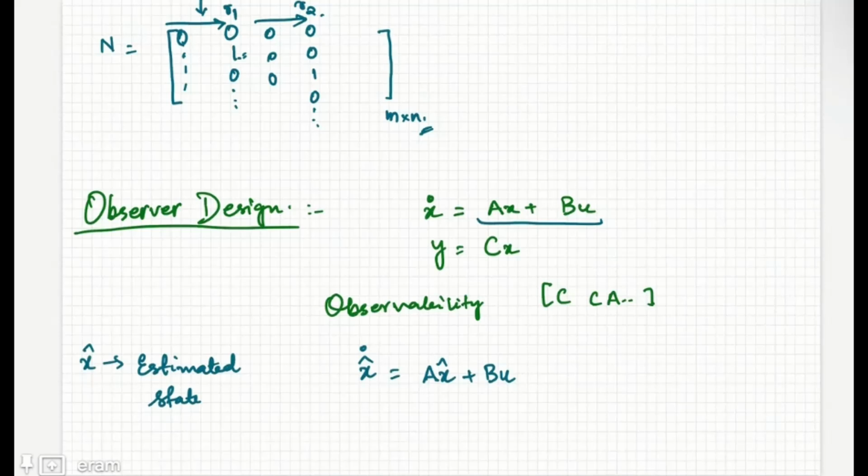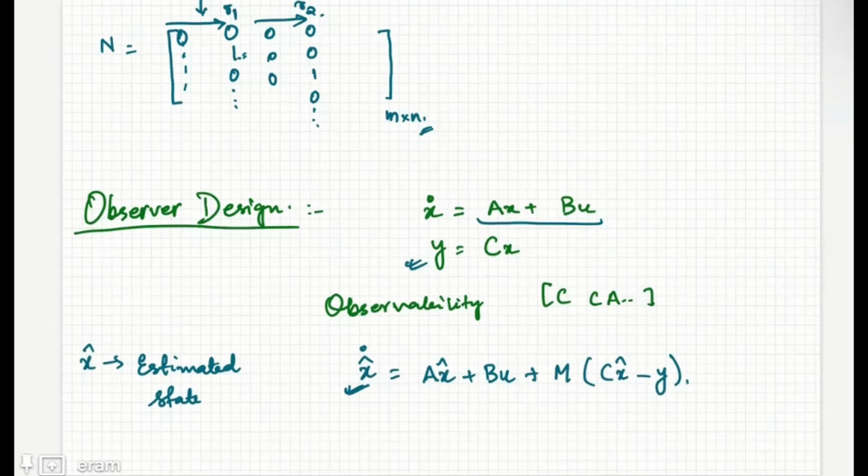Obviously we cannot use x because x is not available to us. What is available to us is y. So in an estimator we have to use only those signals which are available to us. Alright, so we write the copy of the system and then the correction term. We write the correction term as some matrix M into C x hat minus y.